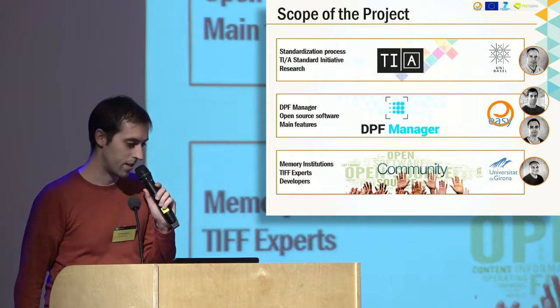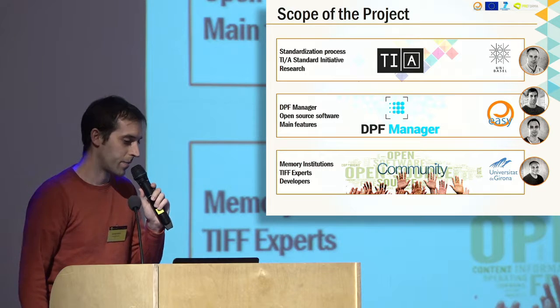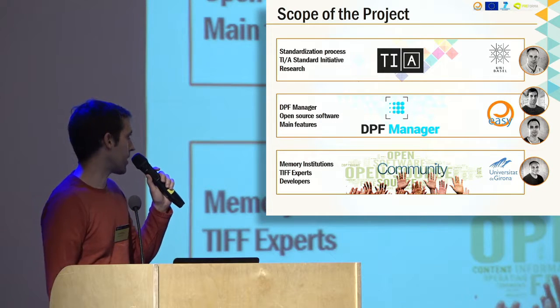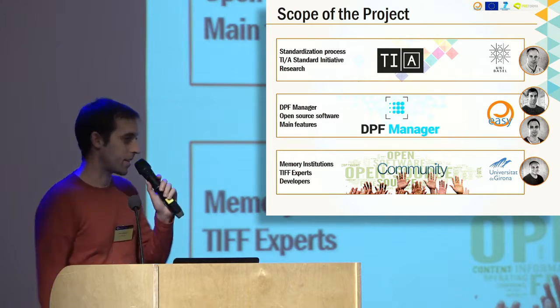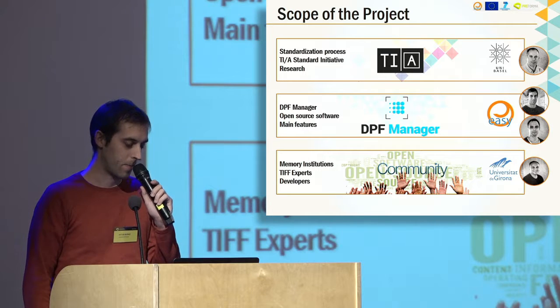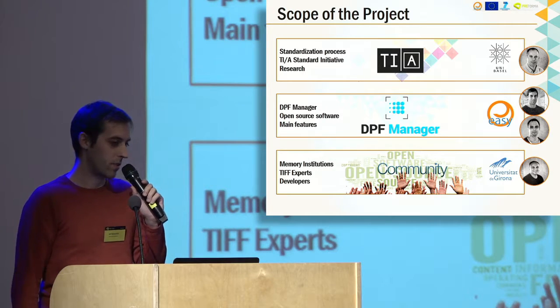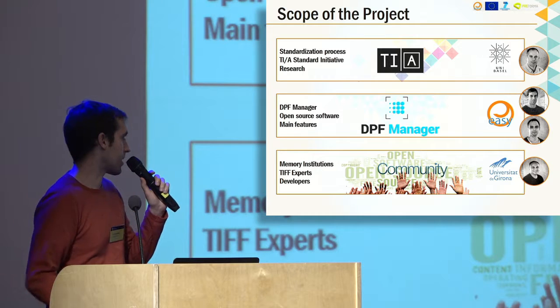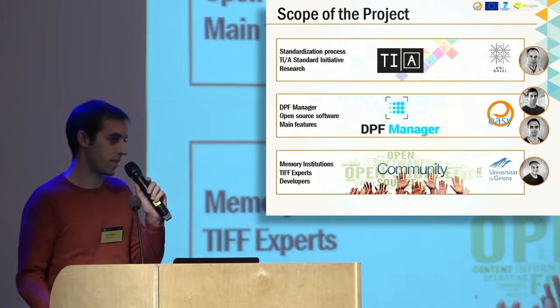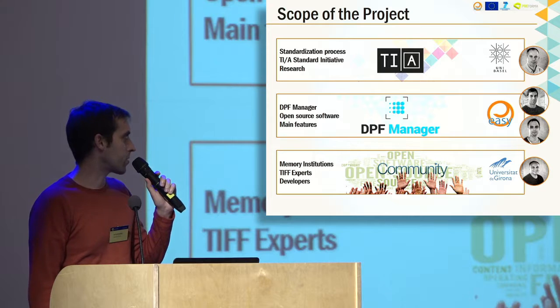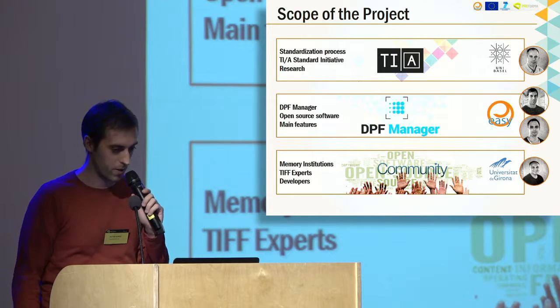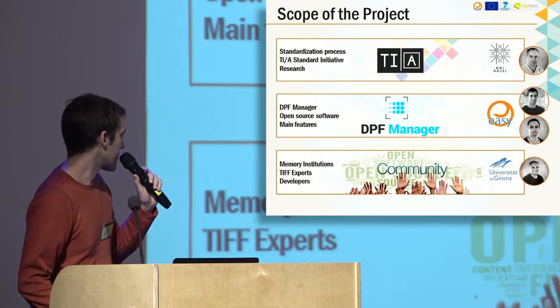So we started this initiative and created, with the help of the University of Basel, the TIFF/A standard. That we can say now that it is finished and it has been submitted to ISO and it is following its steps to become a standard for preservation in TIFF.